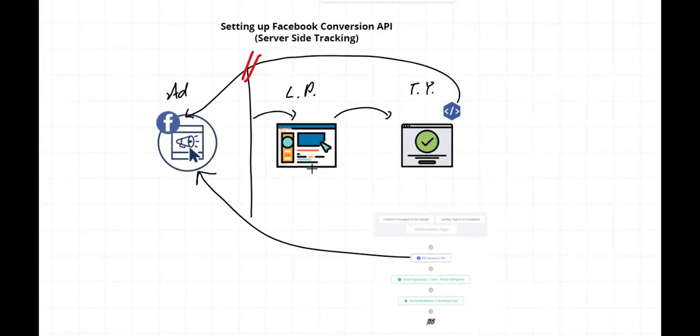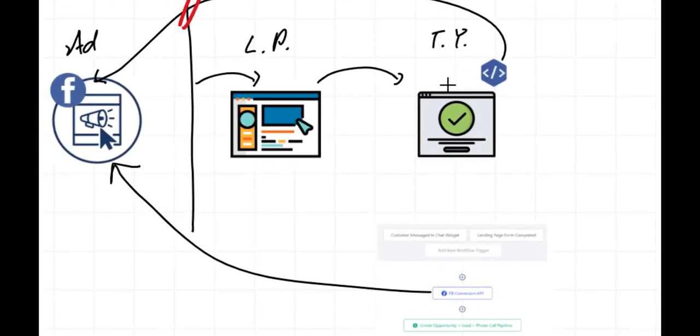But it actually gets even better than that, because normally your leads come from the thank you page. The Facebook pixel reports that someone just hit the thank you page.